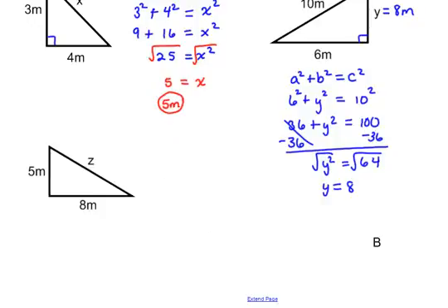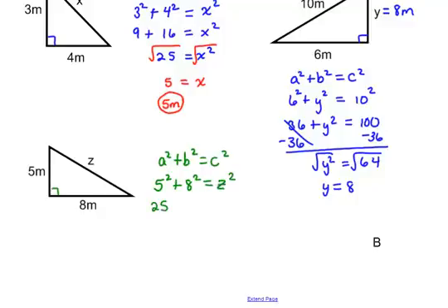Okay, once again, you write down a squared plus b squared equals c squared. A, in this case, would be 5 squared. B is 8, so you write 8 squared. C is z squared.